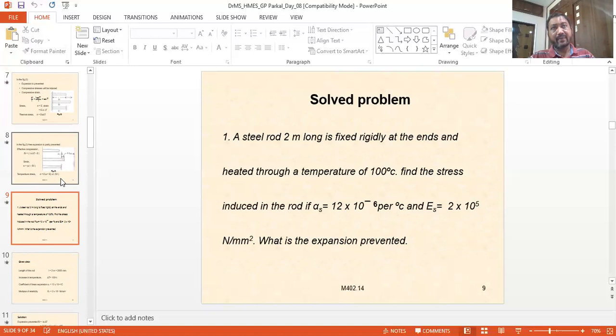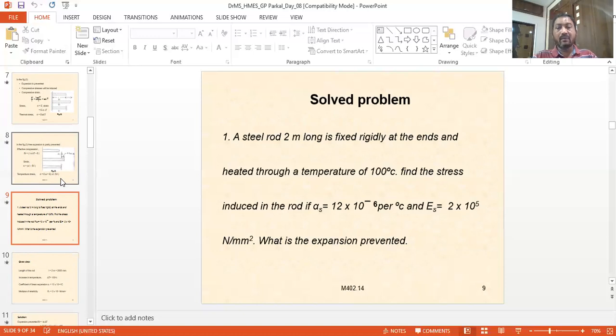And whenever a body is subjected to a decrease in temperature, that is cooling, and free contraction is avoided, then it is subjected to a tensile force, and tensile stress will be developed in the bar. That we must note. And here the amount of stress induced in the material also depends on the coefficient of thermal expansion and the change in temperature.